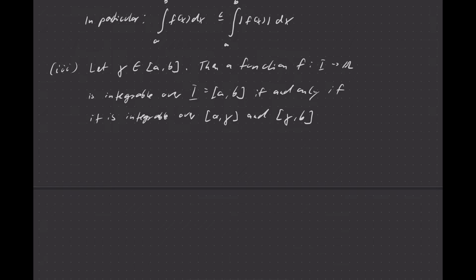So we take this gamma right in the middle and we divide that interval into two halves using that gamma. And also we have the following relation: the integral of f of x dx over this whole interval is equal to the integral from a to gamma of f of x dx plus the integral from gamma to b of f of x dx.